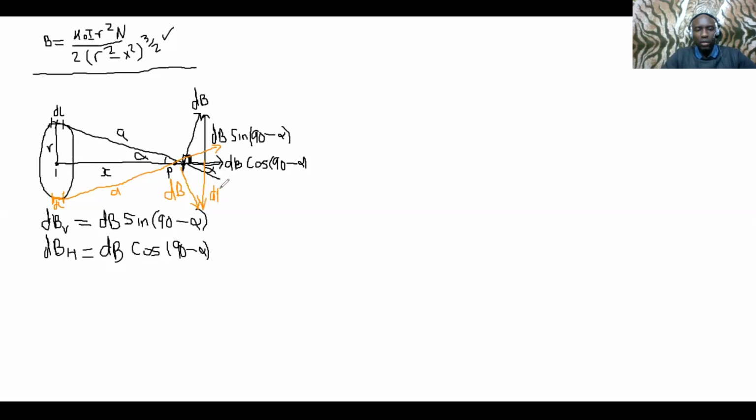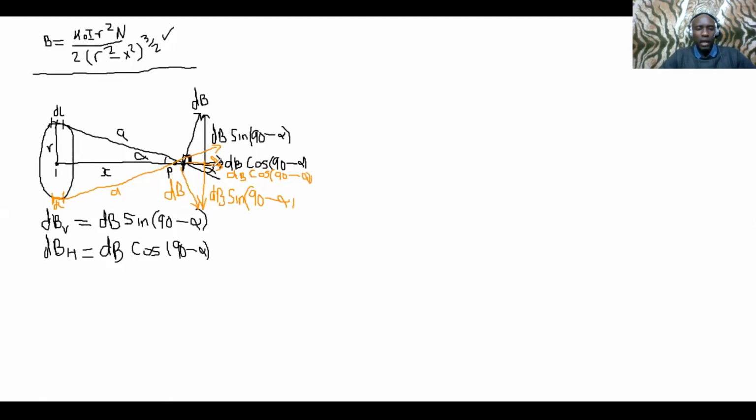We are going to call it dB sine of 90 minus alpha, and then we have the horizontal component directed in this direction. Call it dB cos of 90 minus alpha.